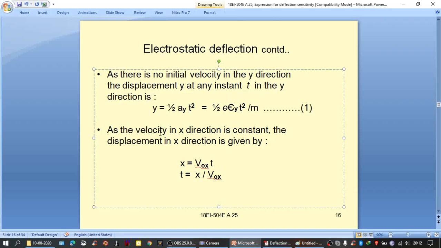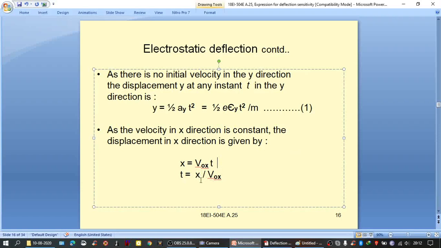Now as the velocity in x direction is constant, the displacement in x direction can be given by a generalized expression as x is equal to Vox into t. Displacement is equal to velocity into time, general expression. That is because in x direction it is linear. So we can write the expression for t from this as x by Vox.